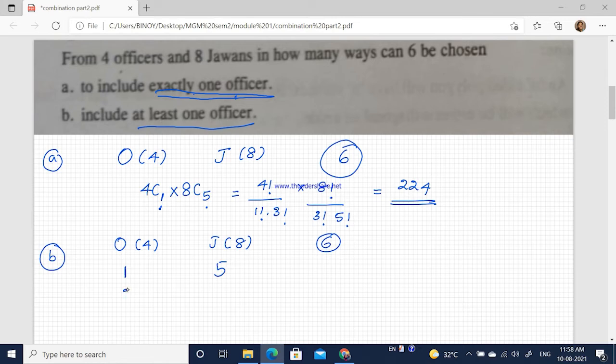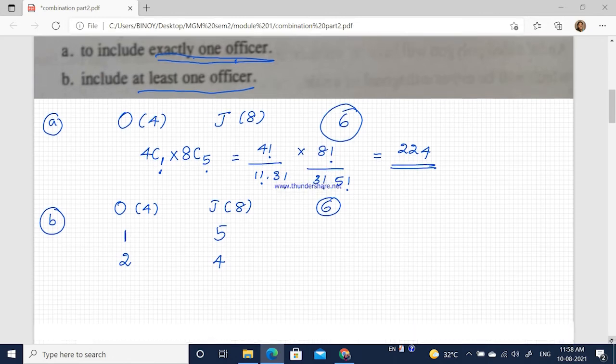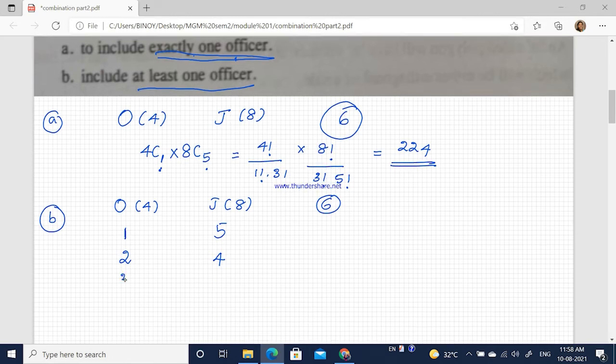If I am taking 2 officers, I can take only 4 Jawans. If I am taking 3 officers, I can take only 3 Jawans. If I am taking all 4 officers, then I can take only 2 Jawans. So I have selected all the 4 officers by taking 1, 2, 3 and 4.